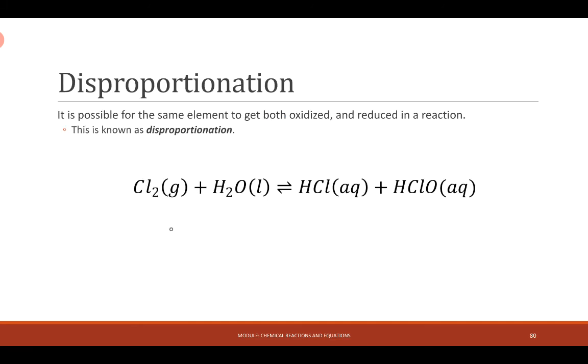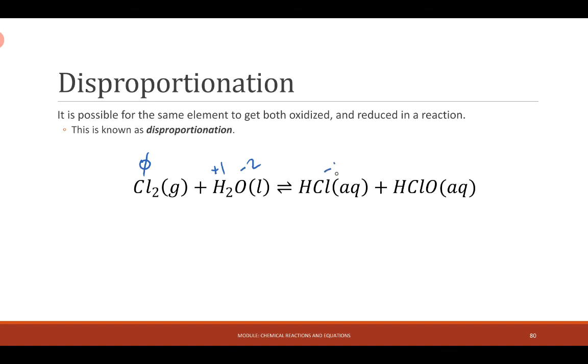It is possible for the same element to get both oxidized and reduced in a chemical reaction. If that happens, that's known as disproportionation, which is a really fun word to say. So let's look at this chemical equation to see what's being oxidized and what's being reduced. Chlorine starts off as a 0 as a pure element. Oxygen is a -2, hydrogen is a +1.